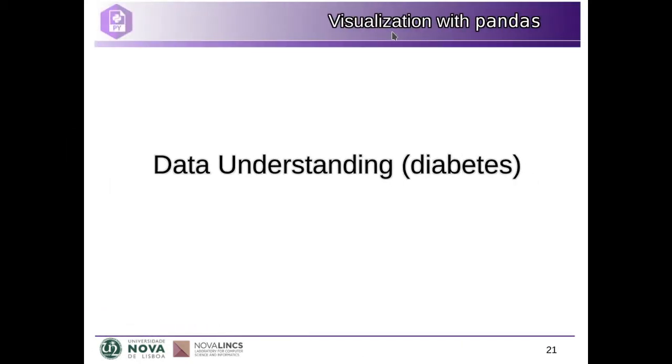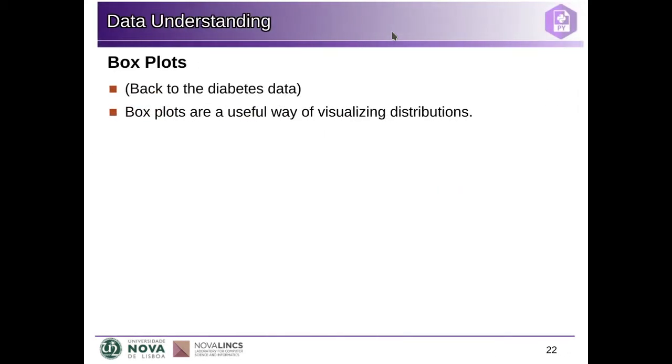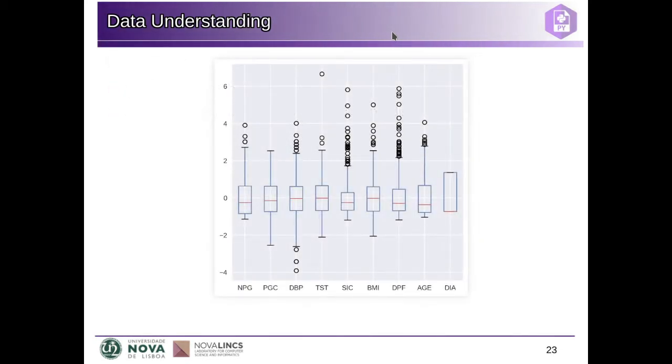Okay, so now let's look at the diabetes example and see a few other visualization techniques that we can use with Pandas. One very useful way of visualizing distributions of data is to use a box plot. A box plot looks something like this.